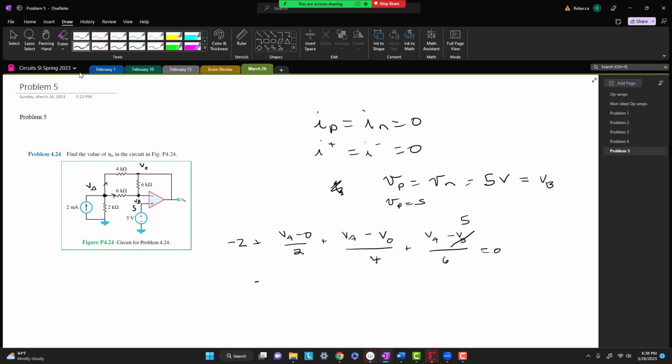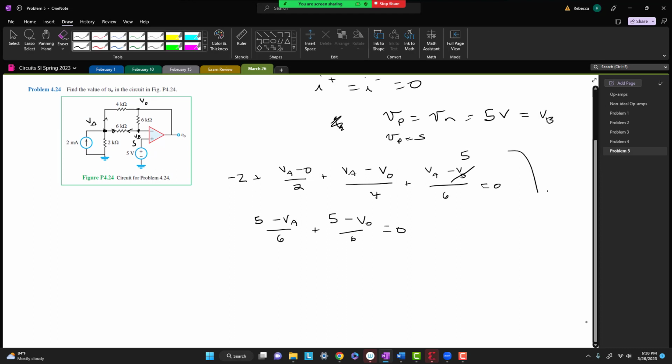Going in this direction, I would have 5 minus VA over 6, and then going up, I'd have plus 5 minus V out over 6, and going to the right, that's 0 because IN has to be 0.